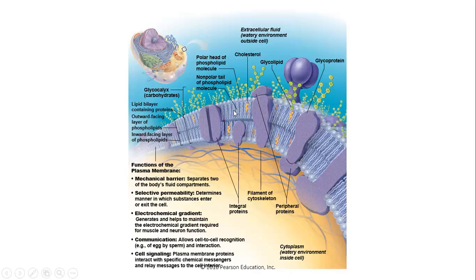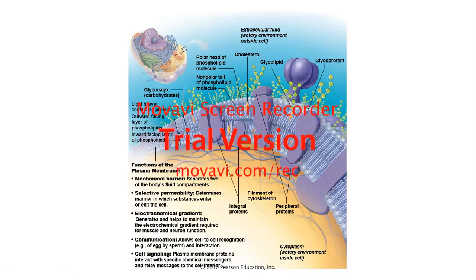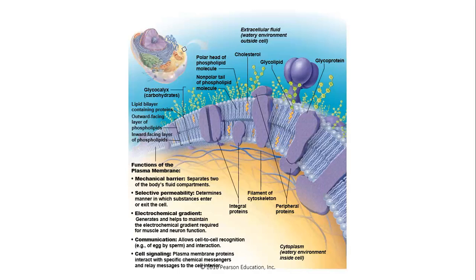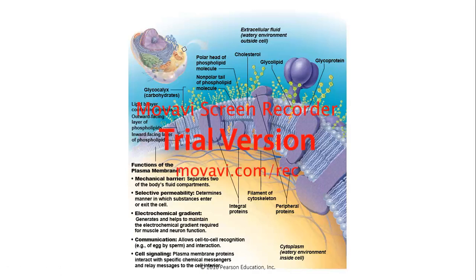So this lipid bilayer is fluid, okay? So it has movement to it. But you don't want it to be too fluid. You don't want it moving too much, and you don't want it to be too stiff either, okay? So you don't want it to be too loose or too stiff. So what happens is you have cholesterol. It pretty much embeds itself in the plasma membrane, like right here.